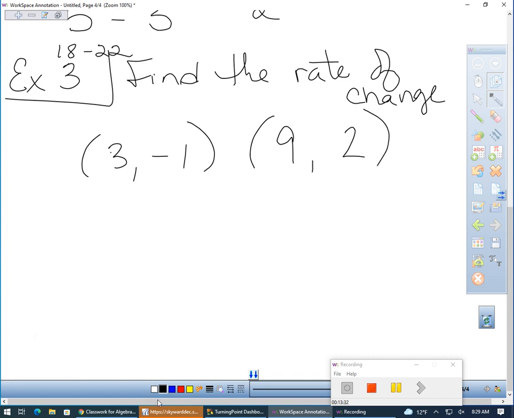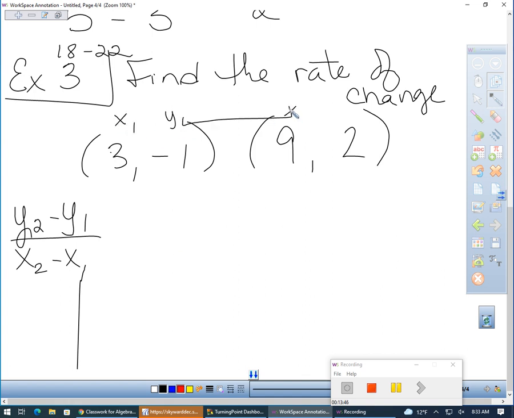All right, so I want to remind you our formula is y2 minus y1 over x2 minus x1. And I like to go up here and label it right above x1, y1, x2, y2. All right, so my y2 value minus y1, good, over x2 minus x1.